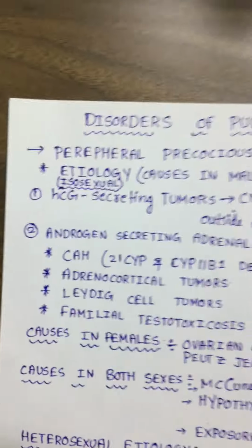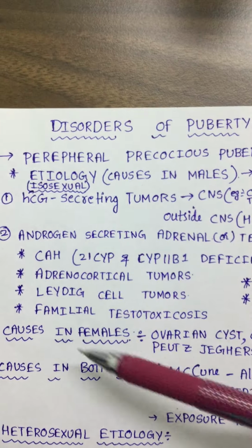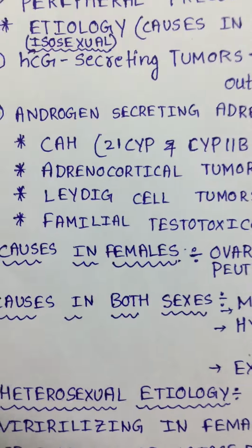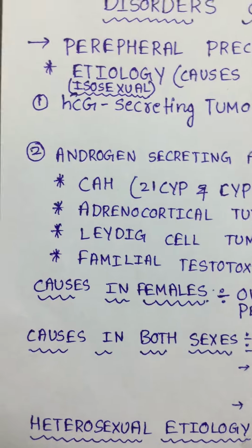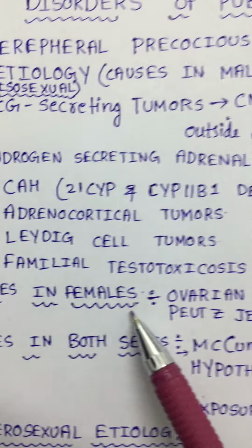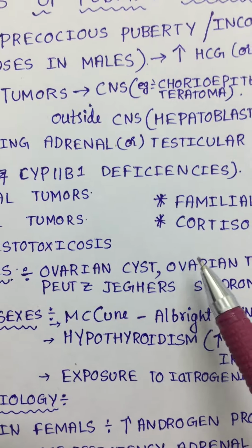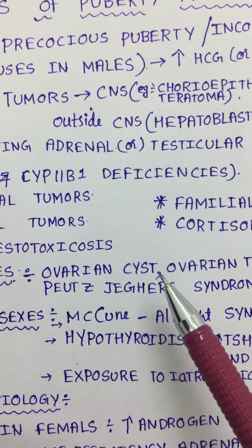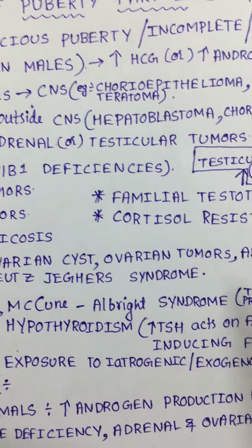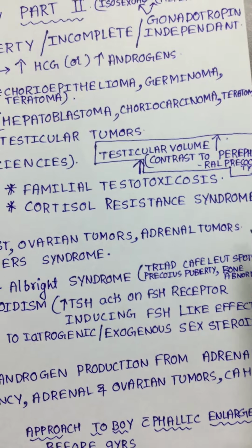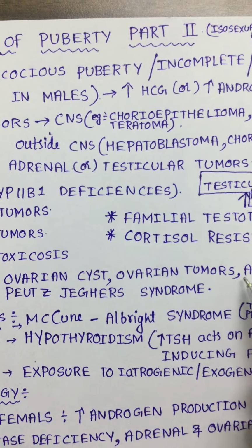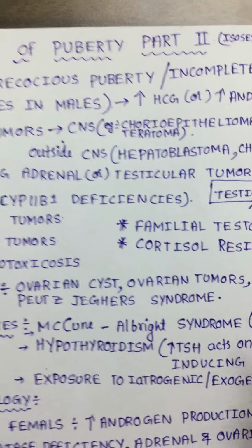Okay, here we discussed the causes of isosexual precocious puberty, peripheral precocious puberty in males. Now we will come to the females. Causes in females of isosexual precocious puberty are ovarian cysts, ovarian tumors, and adrenal tumors.